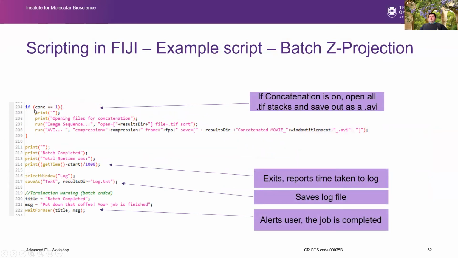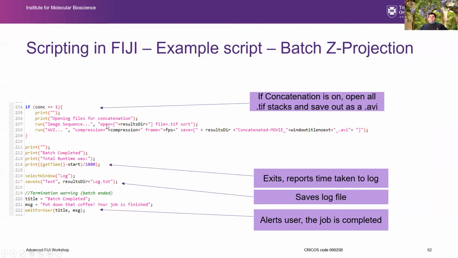Now we haven't finished the script yet because there's the option for us to concatenate all of these files back together. So if this variable concatenation was set to true or 1, then it's going to write out that it's going to perform the concatenation. So it's going to open using the image sequence, which I showed before. So it's going to look at a folder and open all of those frames.